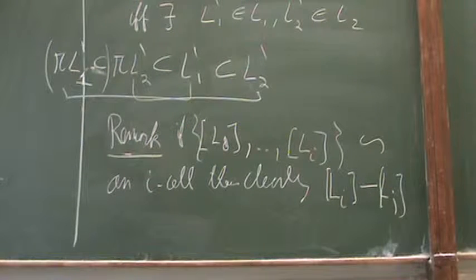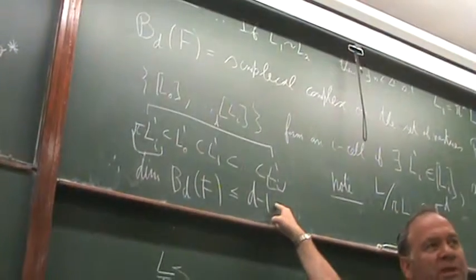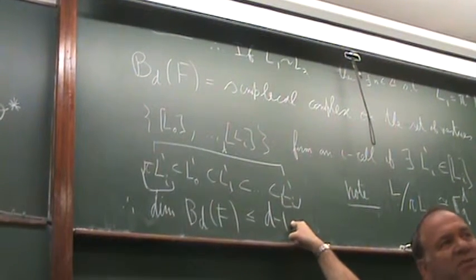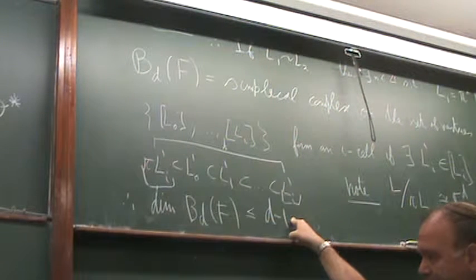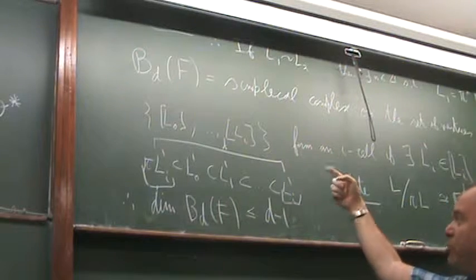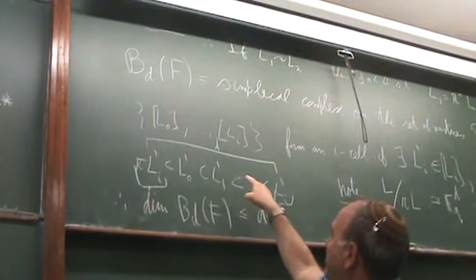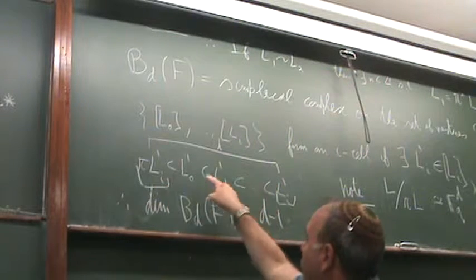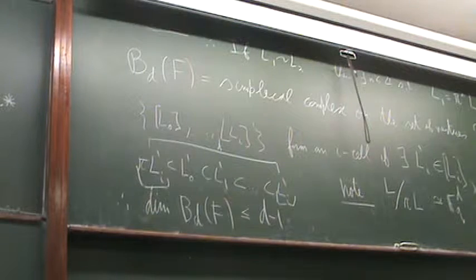If you want, because it's a simplicial complex, namely if a subset is in the complex, then every subset of that subset is also in the complex. So you can say that, but you can also see it from the definition, because if L1 prime is inside L2 prime, and this one is containing pi of Li prime, then it certainly contains pi of L2 prime, etc. So you see that they are really neighbors.